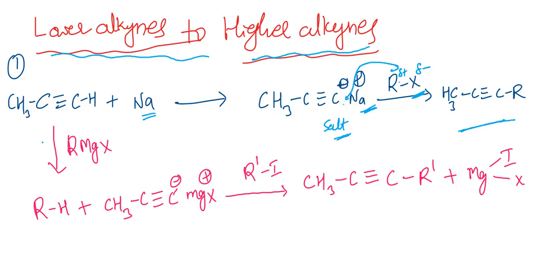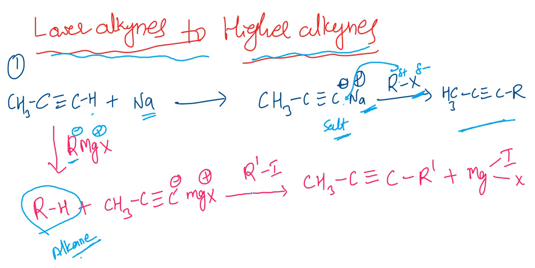So we are getting long chain alkynes. At the same time, we can react these alkynes with Grignard reagent. Grignard reagent is R minus and MgX plus. This Grignard reagent takes the acidic hydrogen and forms alkanes. See here, the byproduct is alkane. Whatever alkyl group the Grignard reagent has, that alkane is formed. Of course, that MgX reacts with the alkyne.